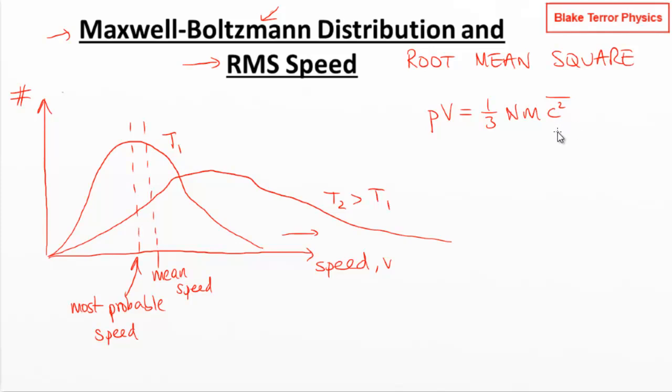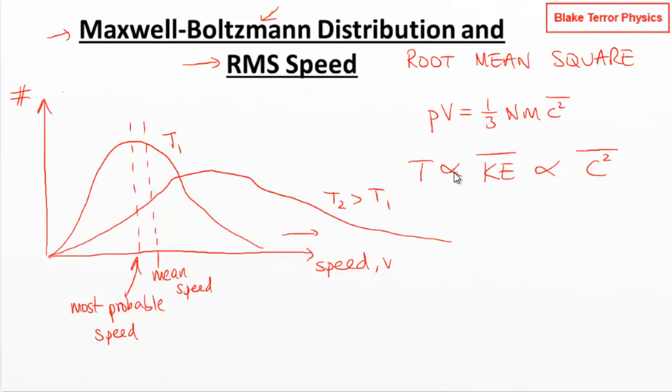The average kinetic energy is proportional to the average of the square of the speeds. This is what we've been looking at already in the previous derivations. And the temperature is proportional to the average kinetic energy.